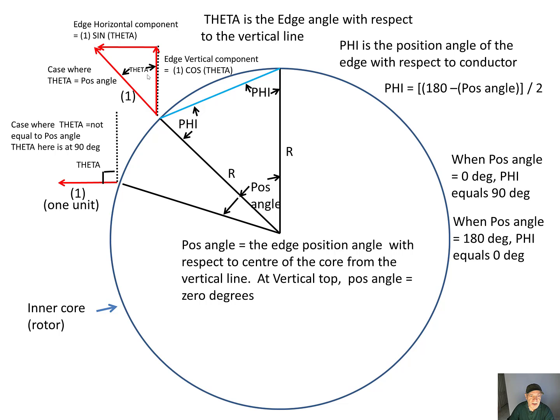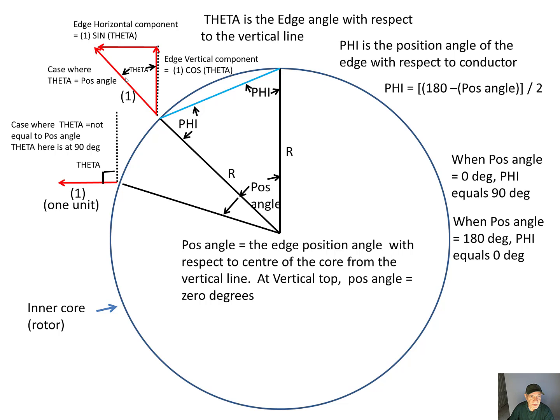So here I show an edge, say a slot with an edge here, and this is the edge at a certain angle called theta. In this case, I'm showing that theta equals the position angle. The position angle is from the vertical line here, which is the 0 degree point, to any position here. This edge has the same angle as the position angle.